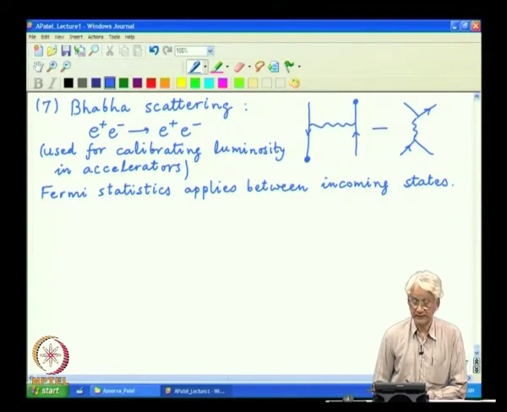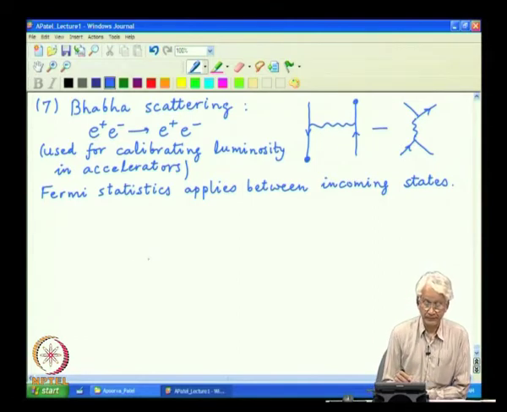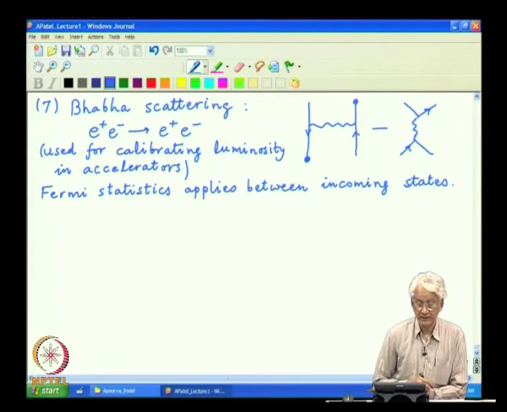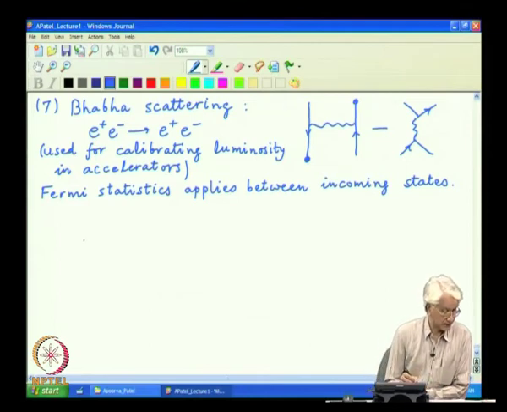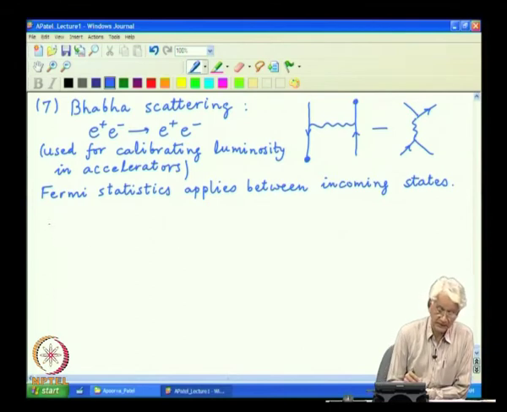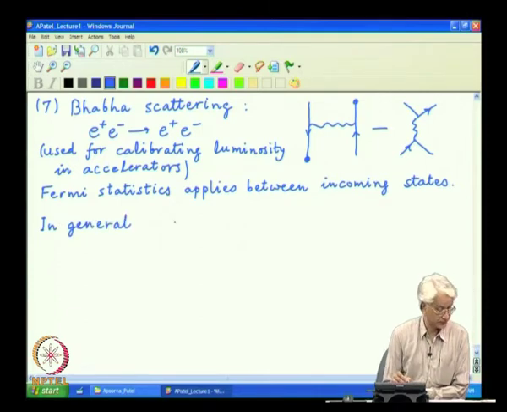So, this is the E plus E minus scattering idea, and this kind of list can go on. I am just doing the simplest situations involving only two particles, but one can go further and in general calculate many processes.